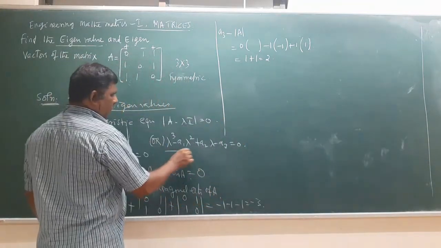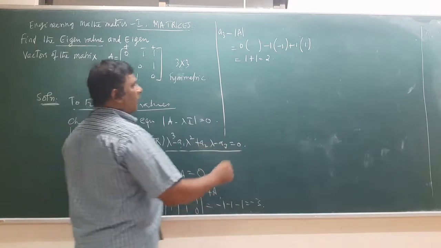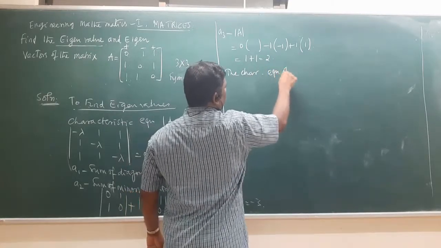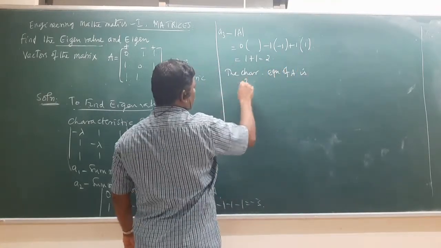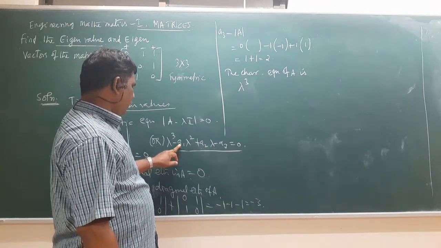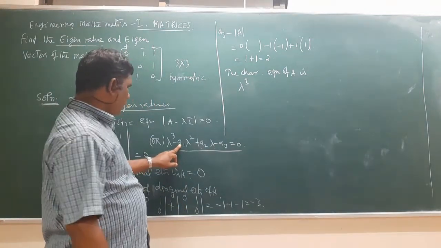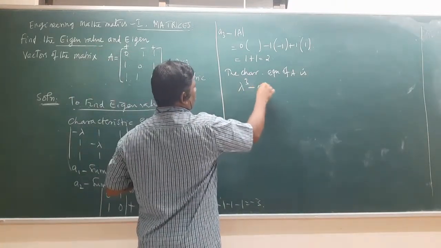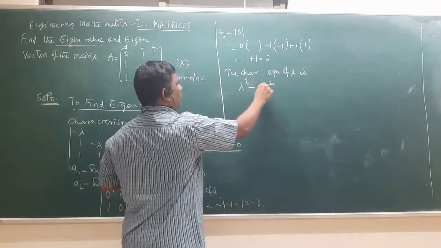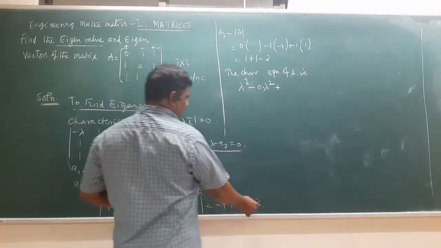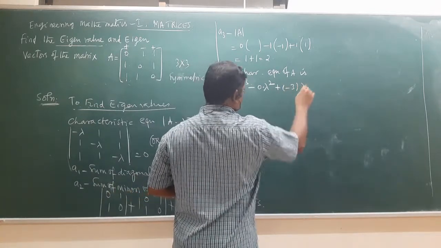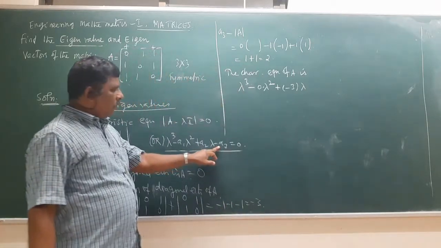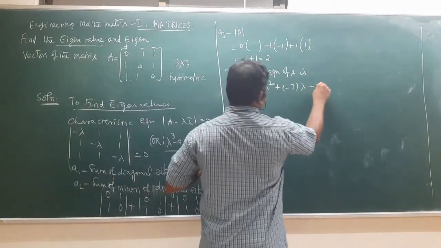So we will get the characteristic equation of A as lambda cube minus a1, that is 0, a1 is 0, zero into lambda square, plus a2, a2 is minus 3, minus 3 into lambda, then minus a3, that is minus 2, equal to 0.